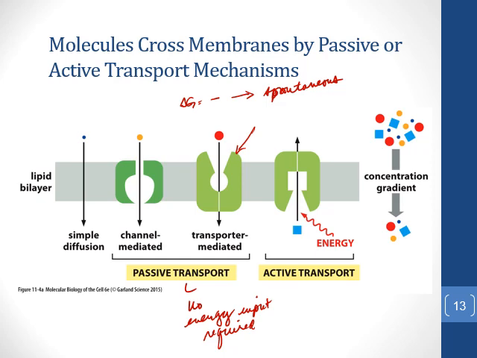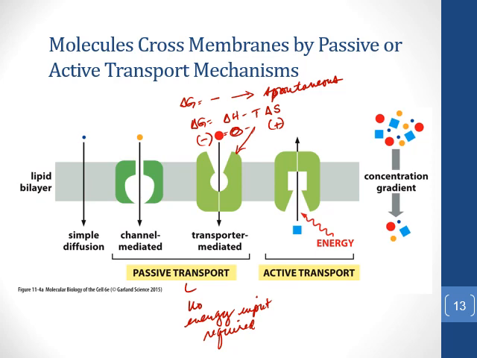And why is the delta G negative in this case? It's because delta G equals the change in enthalpy minus the temperature times the delta S, and we know that delta S in this case is going to be positive. We know that this is going to be negative, which means our delta H is 0, which means our delta G is negative. Okay, so I'm just saying that for review.